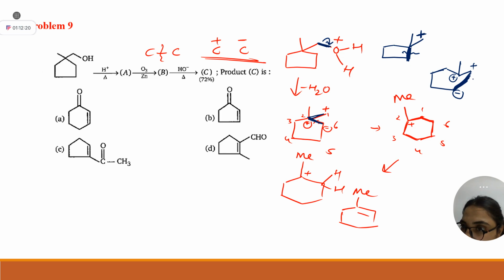How many-member ring will form? One, two, three, four, five, six. Six. After forming the carbon-carbon bond, the charge vanishes. Clear? And you will reach this structure. Tell me yes if you understood till this point.